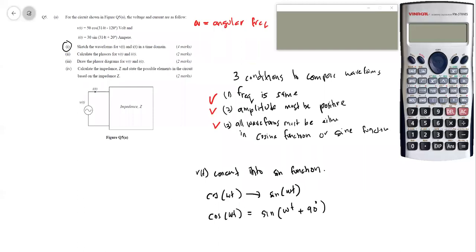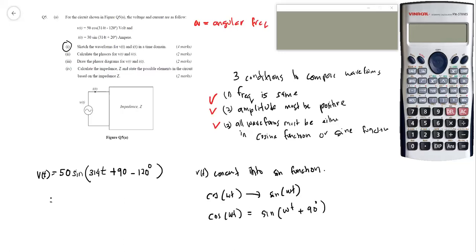So this Vt, this is the magnitude, and right now the cos is now sine 314 t plus 90 minus 120, right?